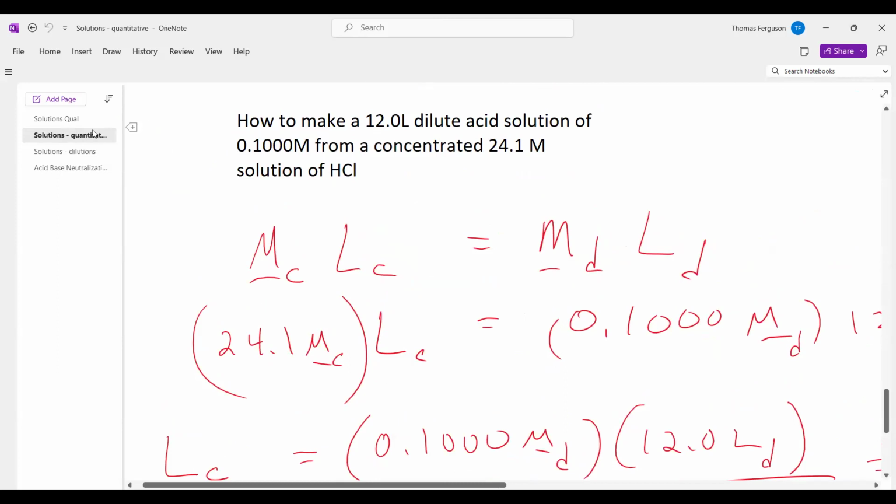So what I'm going to do is a little bit more on this concept of solutions. We're going to take 2 solutions and dump them together. Each solution is at a different concentration than the other one. So when we dump them together, there's going to be a new concentration.